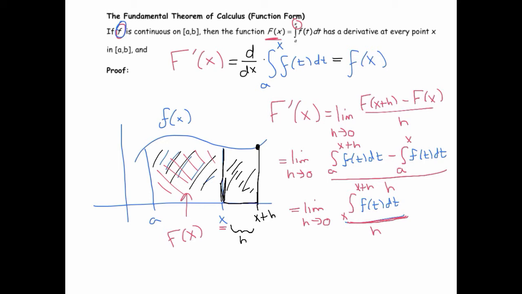And now here's where that mean value theorem we talked about earlier comes into play. I've got an expression for this integral. It's underneath a curve that's changing in a smooth way. But what the mean value theorem says is that there is some c value, I'm going to call it c sub k, that will allow me to create a rectangle whose area is precisely the area under this curve right here.